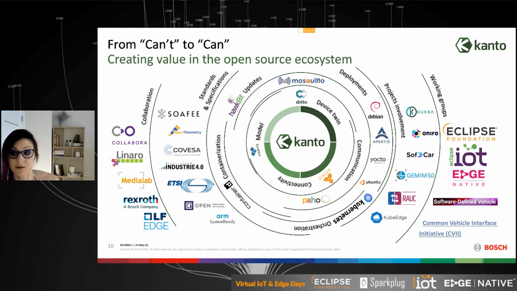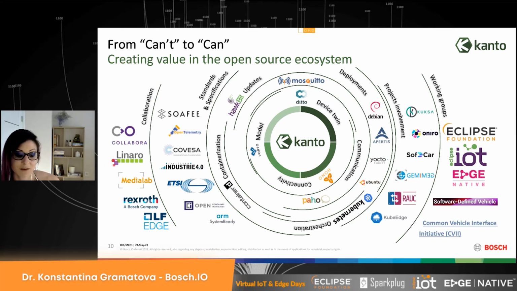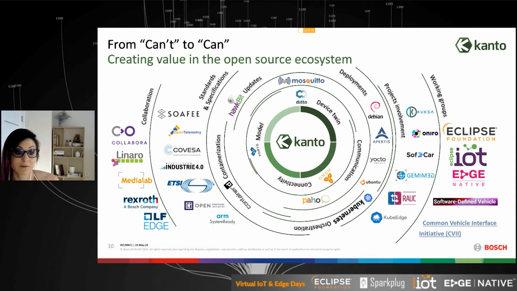And right now you can see so many projects involved, so many working groups, different standards and specifications that we are already looking at integrating based on real use cases so that we can prove them. We can see that we can be a neighbor for all of these use cases, collaborating with different organizations like, for example, Collabora, Rexroth, and so on.